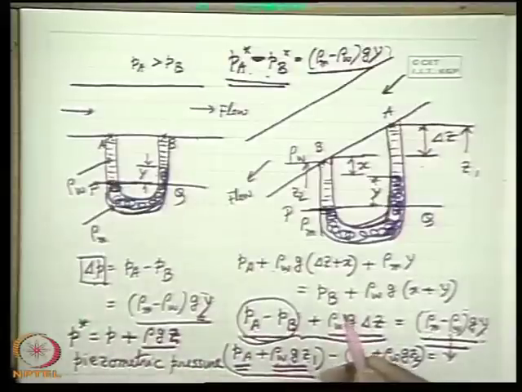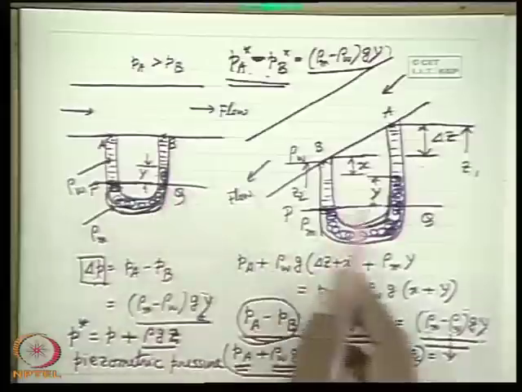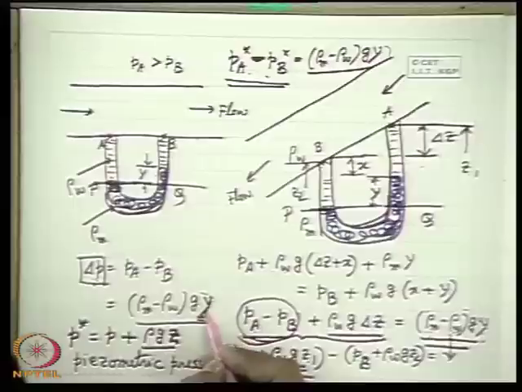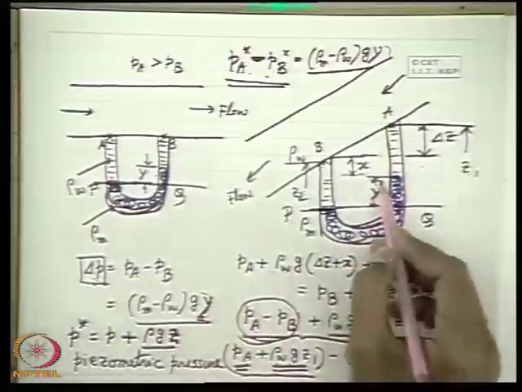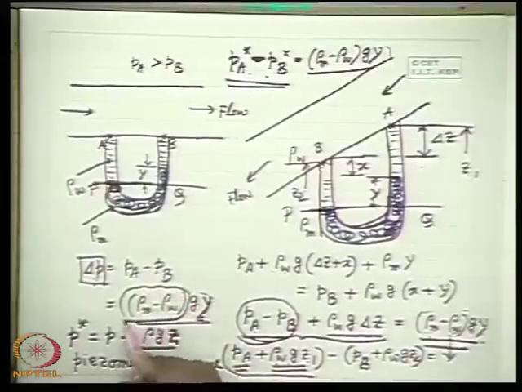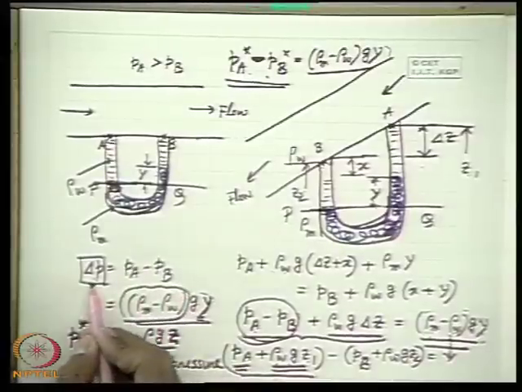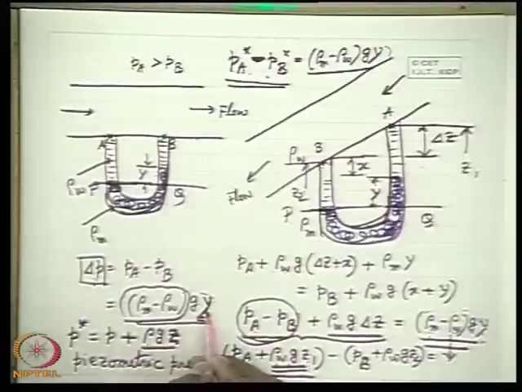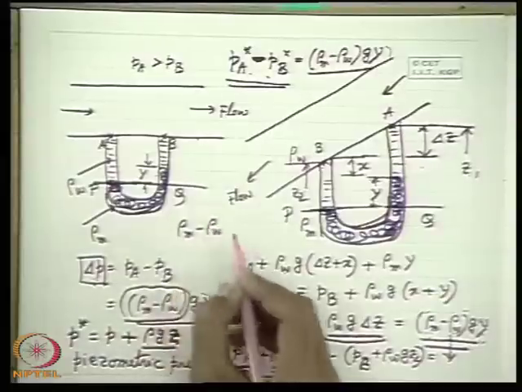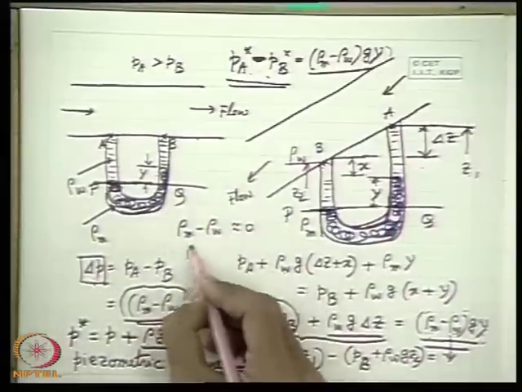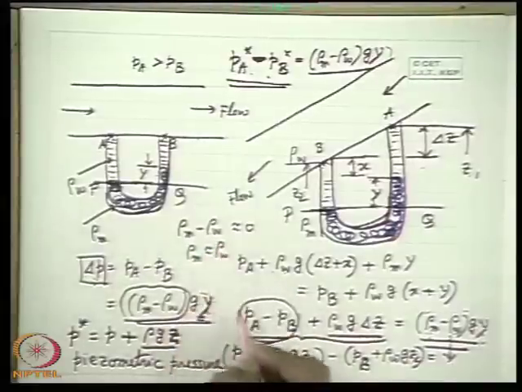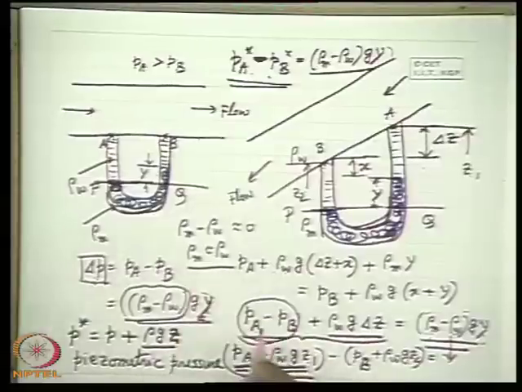In other words, if we want to increase the sensitivity of the manometer, that means for a small change in delta P we want a readable value of Y, we should make this part very small, so that even for a small delta P, we have a large Y. That means rho m minus rho W should be very small, nearly equal to 0, or rho m, the manometric fluid density, should be very close to the density of the working fluid.